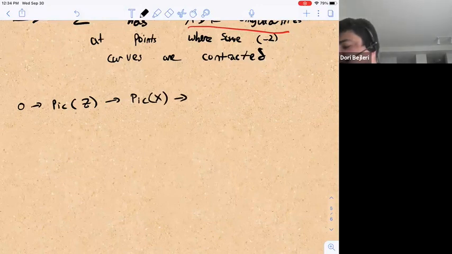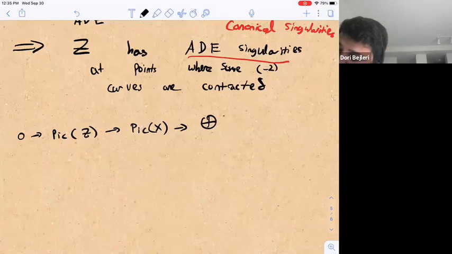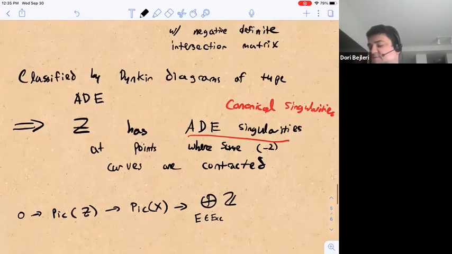It's essentially determined by just restriction to the exceptionals. So maybe the best way to write it is it's the direct sum of copies of Z over E exceptional curves. So you always have this type of exact sequence whenever, let's say, phi has connected fibers and everything's normal, and phi is birational. So phi is birational with connected fibers to something normal.